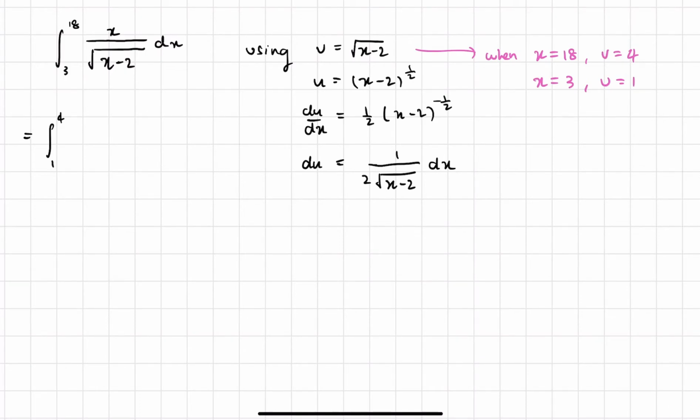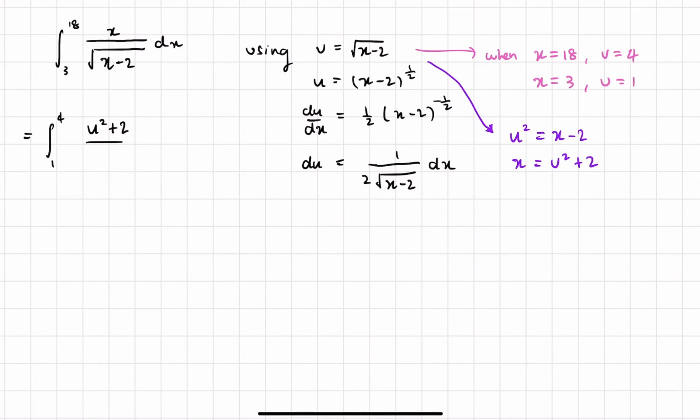X, we actually don't have anything to substitute it in. So I'm going to bring this over here and let's square everything. So we have u squared is equal to x minus 2, which means x equals u squared plus 2. Right? So over here, let's say u squared plus 2.